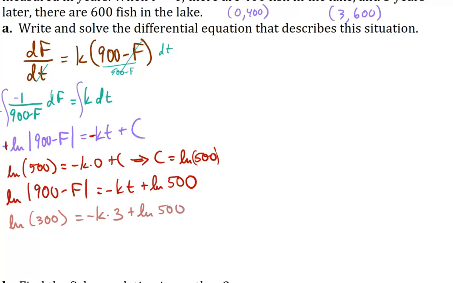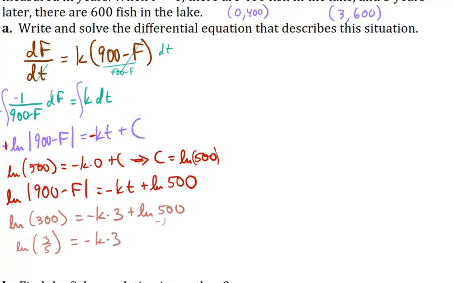I'm going to subtract natural log of 500 and divide by negative 3. Now, algebra, natural log of 300 minus natural log of 500 is, I'll do it in 2 steps here, natural log of 300 over 500, which reduces to 3 over 5.